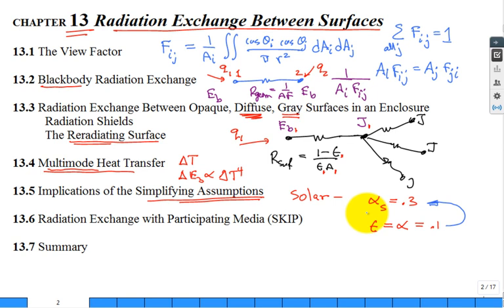Here, just be careful, because when you have the solar load on a surface, it's in a small range of wavelengths, the short wavelengths, right? Do you remember roughly what it's between? Somebody says, you studied radiation heat transfer. What is solar radiation predominantly between, what wavelengths? Well, visible light's between 0.4 and 0.7-ish. It's a little below 0.4, about 0.2, and a little above 0.7, up to about 2.